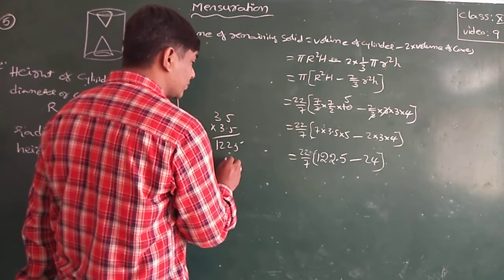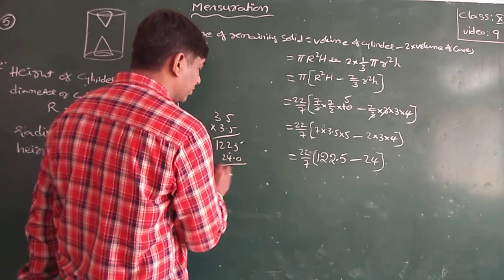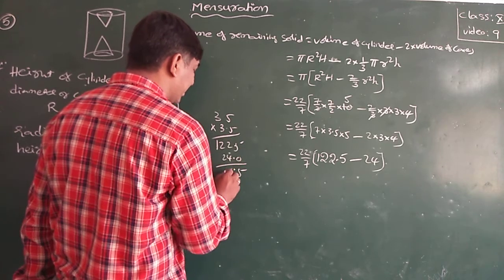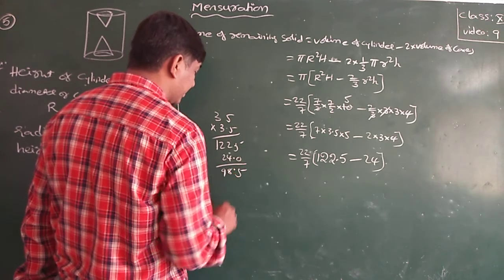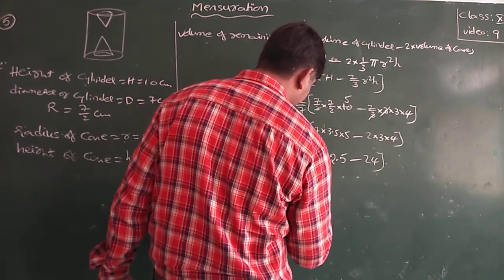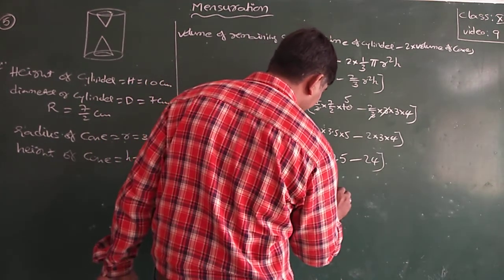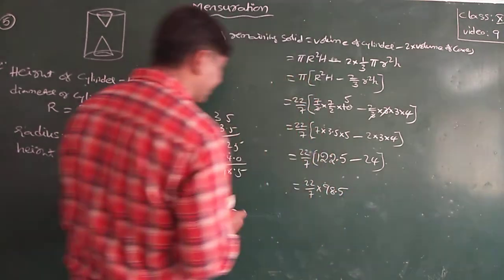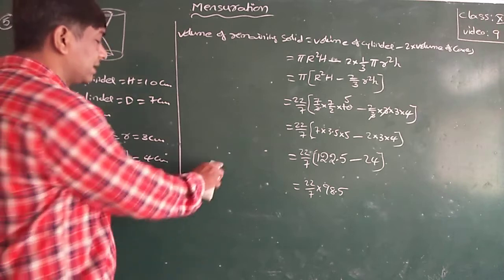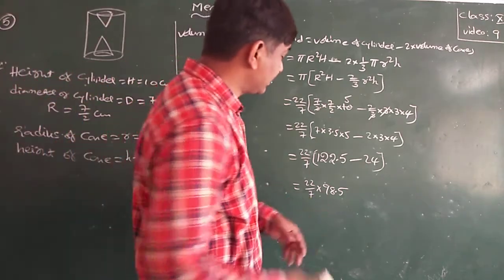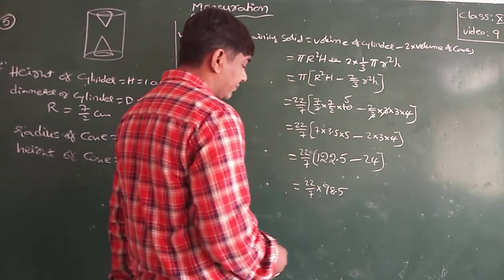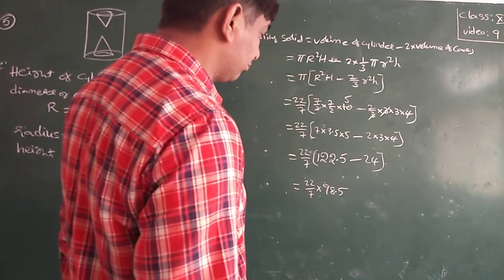Now subtract: 122.5 minus 24 is 98.5. 22 by 7 into 98.5. Now cancel: 7 ones are 7, 7 fours are 28, 14, 7 is 0.5.